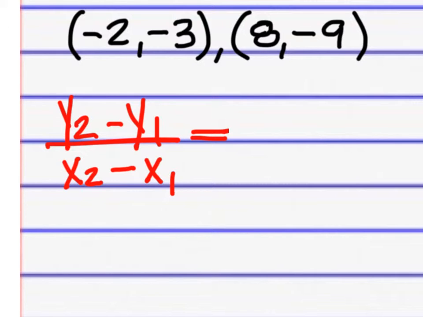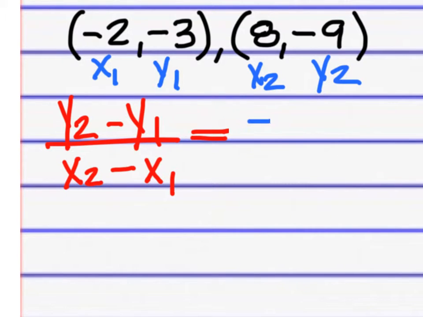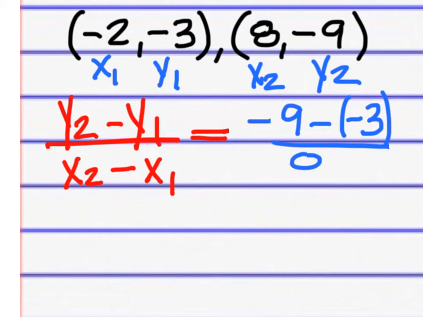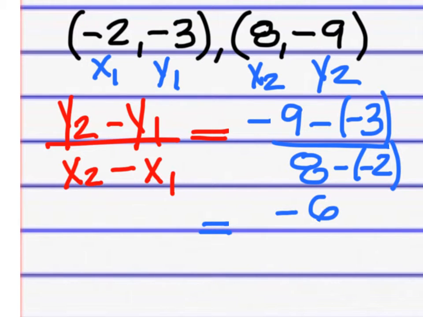Do not forget that this is x1, y1, x2, y2. That means you have negative 9 minus a negative 3 over 8 minus a negative 2. Negative 9 minus a negative 3 is a negative 6. 8 minus a negative 2 is 10.